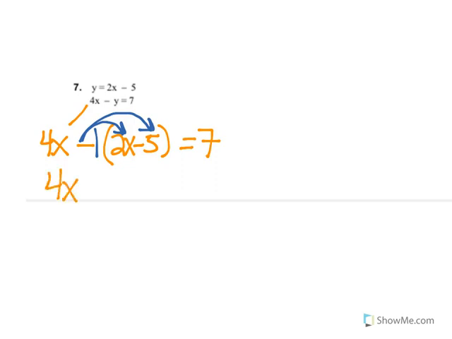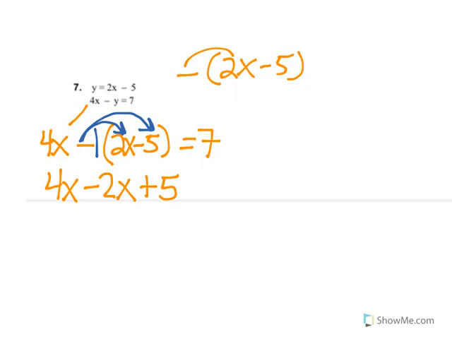But now we have negative 1 times 2x is negative 2x. Negative 1 times negative 5 is positive 5. You see, because when you have a negative sign in front of parentheses, when you distribute a negative sign through, the signs change. This 2x became minus 2x, and this minus 5 became plus 5. So that's what happens. The signs change.